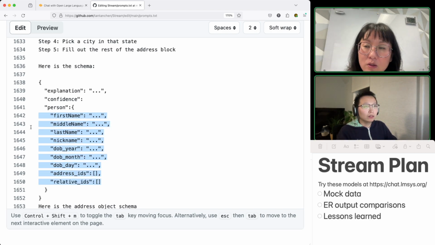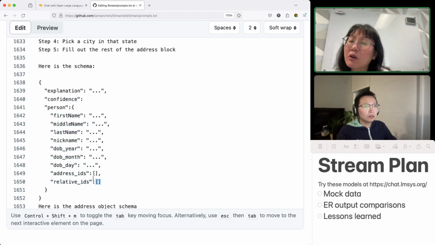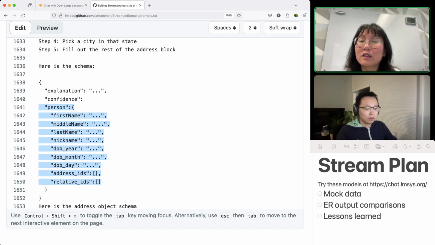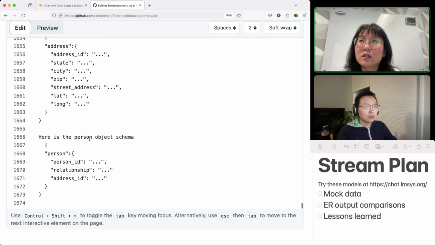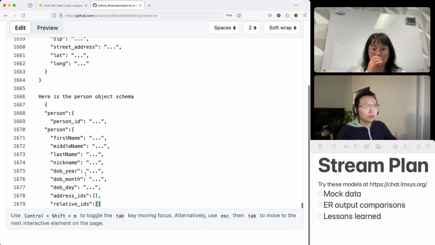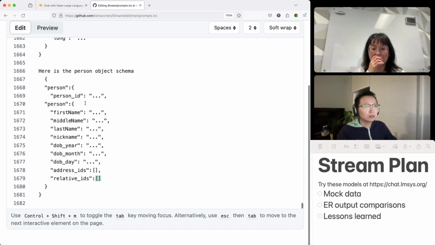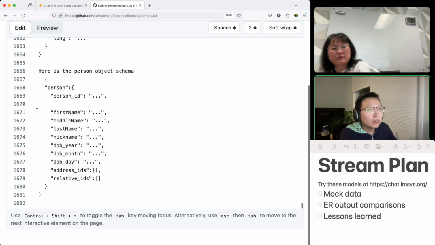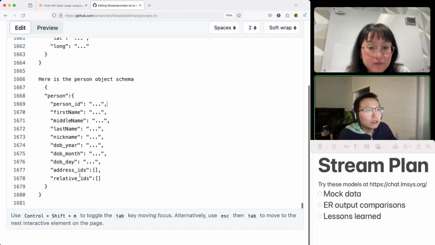Okay, but how do we express that? Or relatives IDs, I guess. So I guess each associate would have an ID and the relationship.